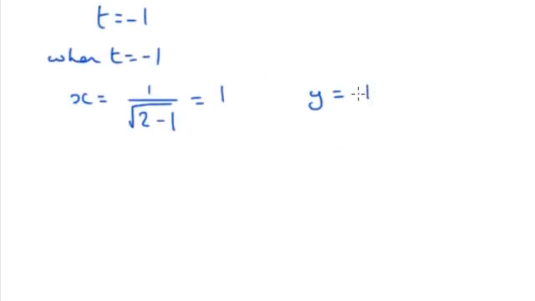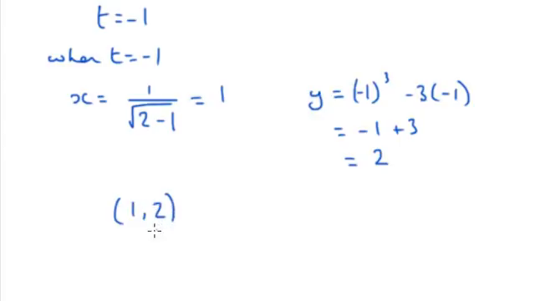So that's minus 1 cubed take 3 times minus 1, which is minus 1 plus 3, so positive 2. So the actual stationary point appears at 1, 2.